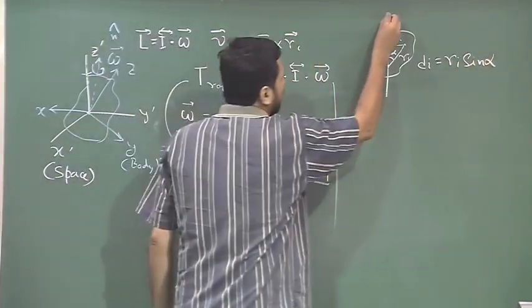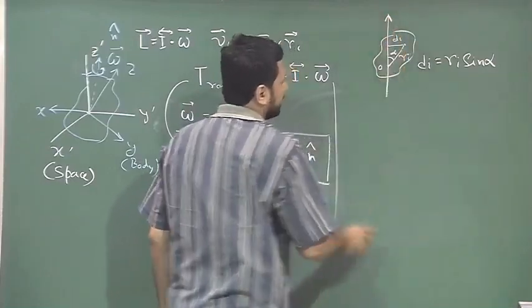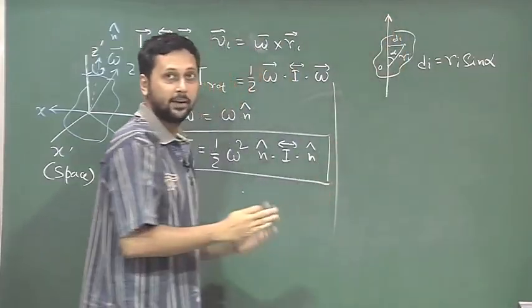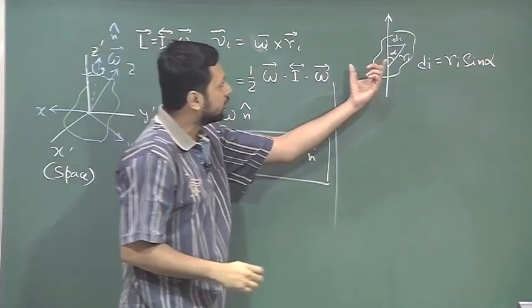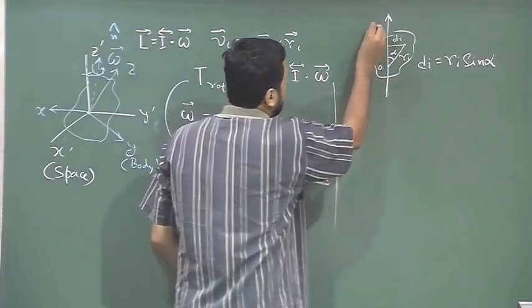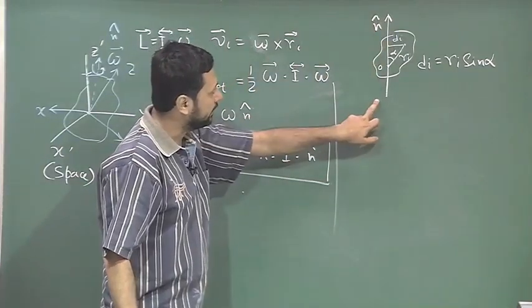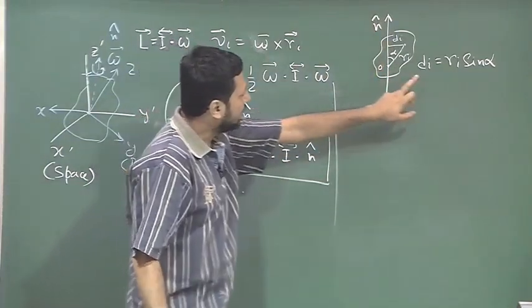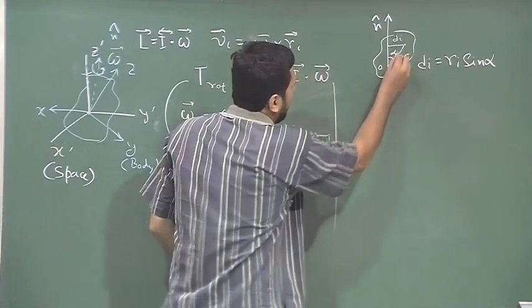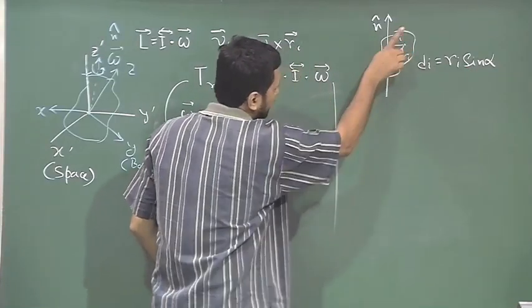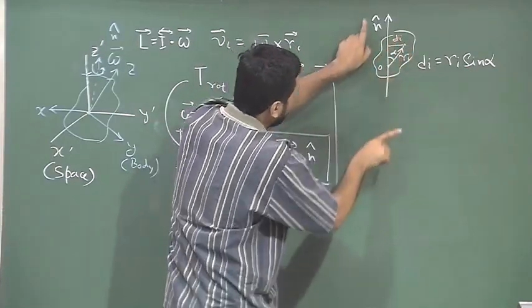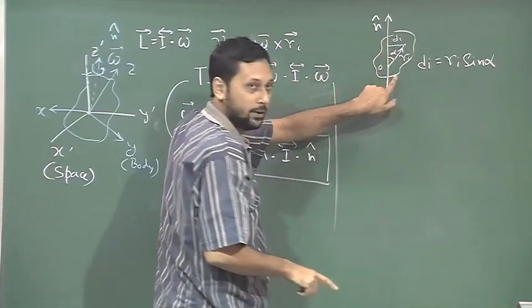Now, when we specify an axis along which the angular momentum has to be computed, that means the rotation is taking place around this particular axis. So, this is our n capped direction in this case. Now, d_i is r_i sin alpha, r_i is pointed in a particular direction and the angle between n capped and r is also alpha.